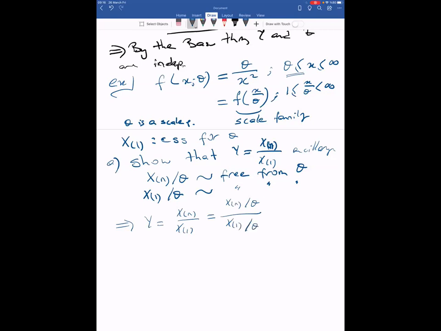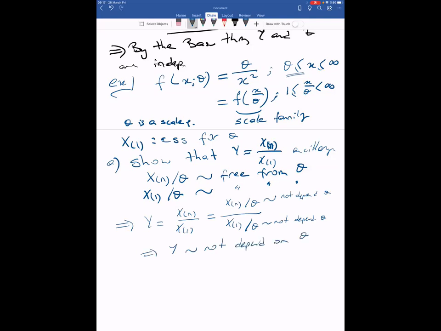But here we know that this does not depend on theta, and this does not depend on theta. So both the numerator and the denominator distributions do not depend on theta. Then this means that Y also does not depend on theta.